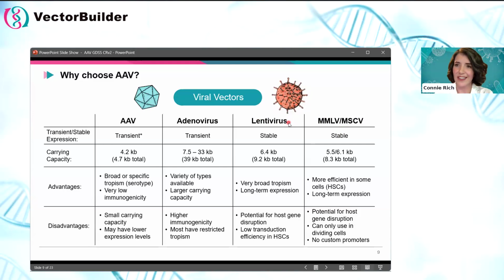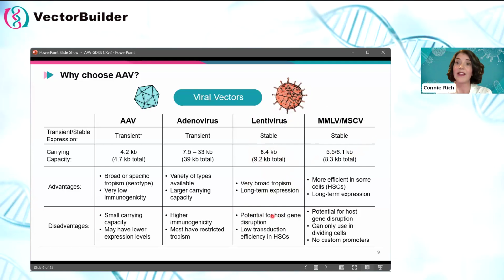Now, for lentivirus, this tends to be what people go for because it does have a slightly higher carrying capacity. It has very broad tropism. But for both of these options, you do have the issue with potential for host gene disruption.